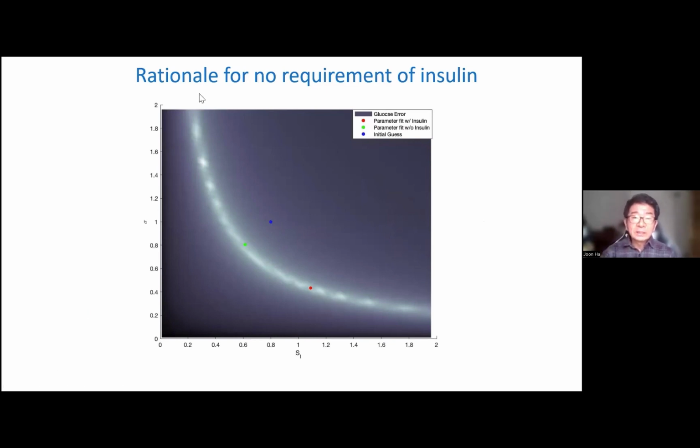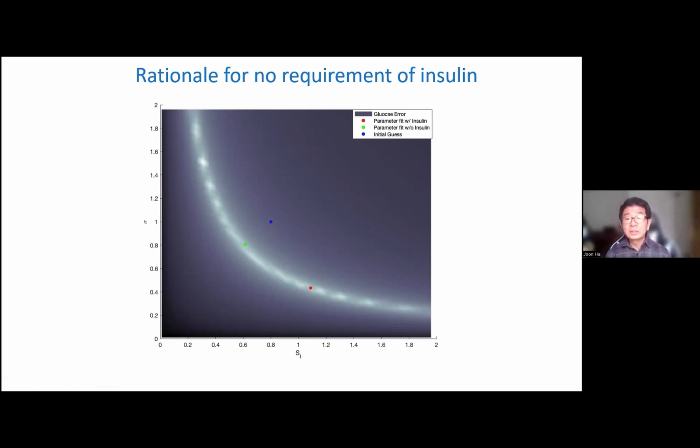I'm highlighting this curve. Along this curve, glucose is constant, so the error between data and simulation is the same. From blue to green is the shortest distance, so the fitting algorithm captured green as the minimum error.